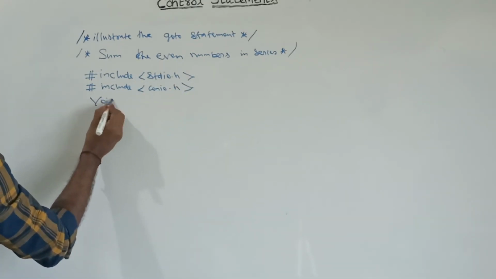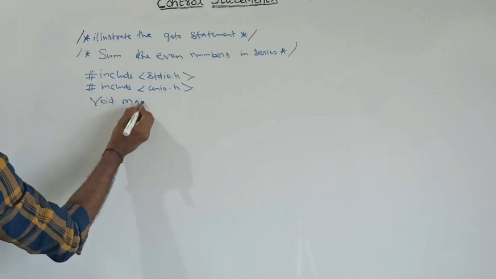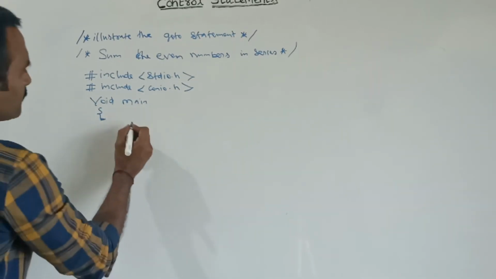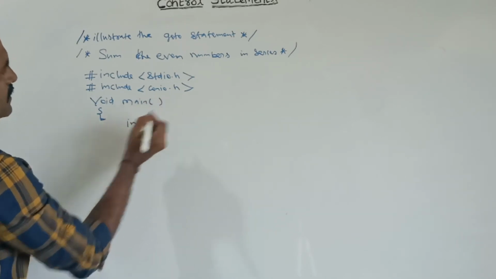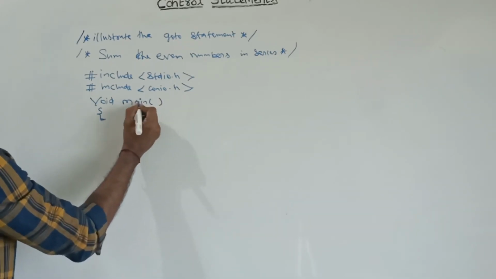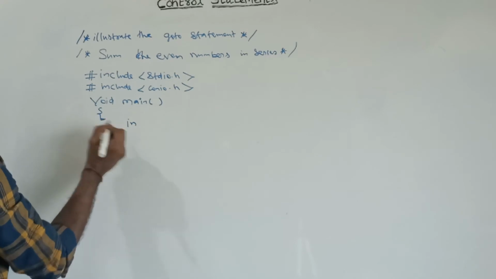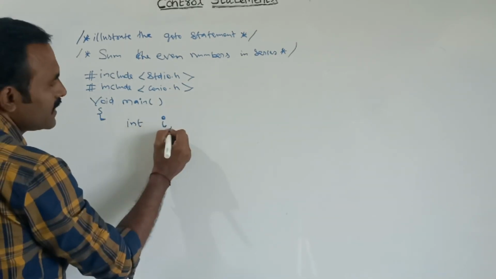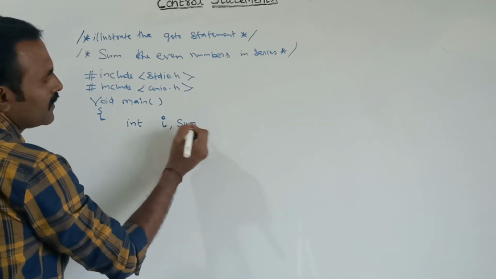Next this is void main. Here I am opening the brace. Here declaring this void main function. Next open brace. Here I am declaring the variables, integer. Very first i. Next here sum.